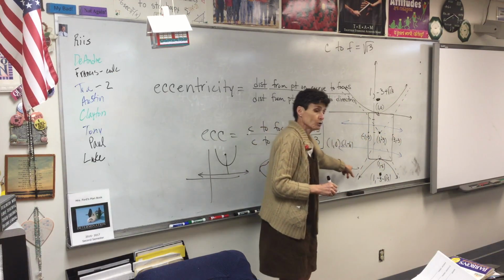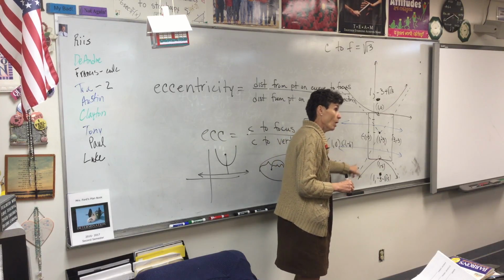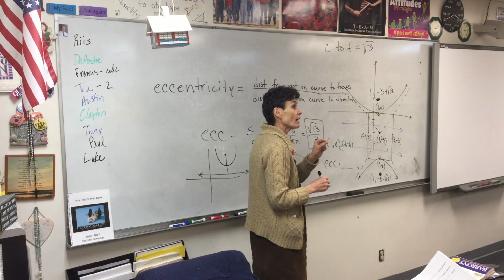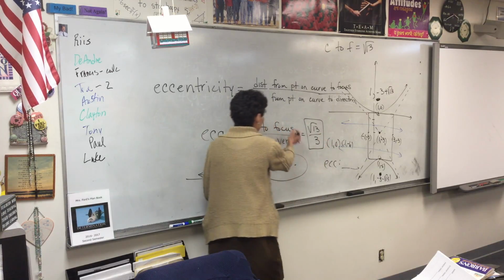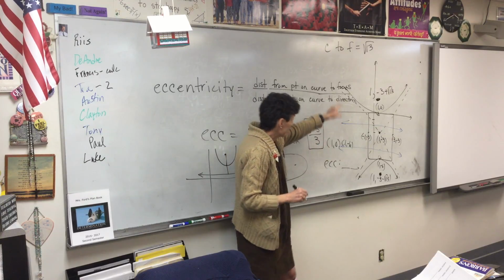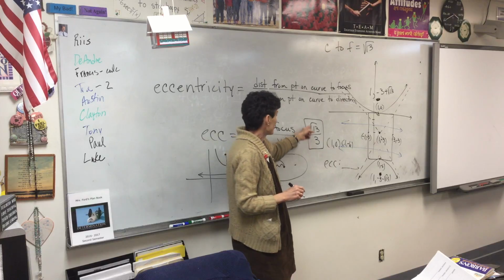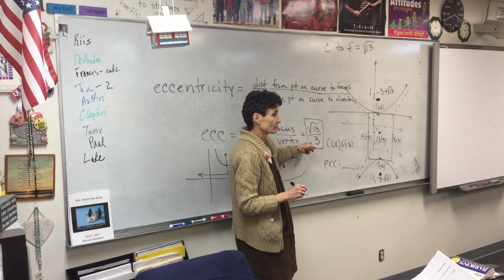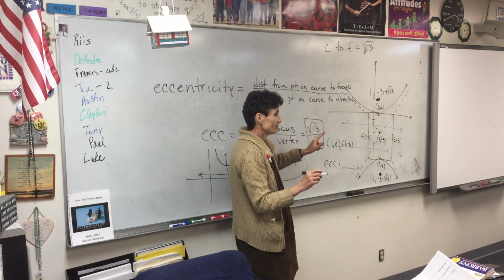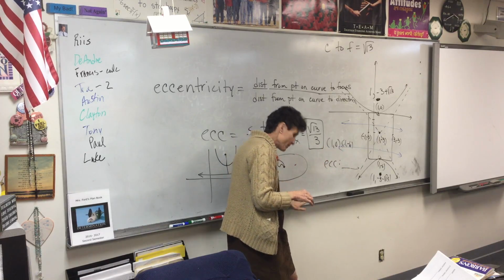If it's a circle, you put a 0. If it's a parabola, you put a 1. If it's an ellipse or a hyperbola, you have to build your fraction. But if you've already done that work, you have these two numbers already. You've already figured those two numbers out.